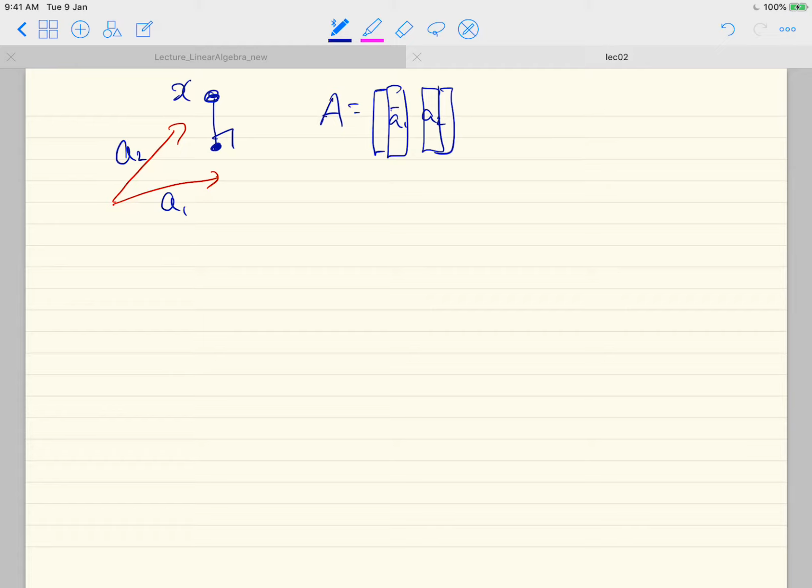Suppose A1 and A2 are three-dimensional vectors, and x is also a three-dimensional vector, and we project onto the columns of A. Columns of A means the subspace spanned by the columns of A, right? Okay, so does anyone know the formula for it?